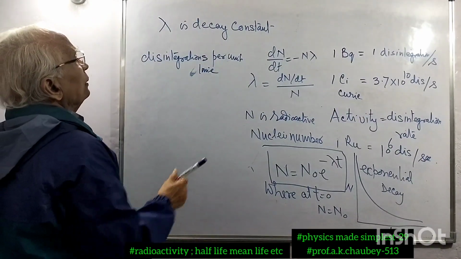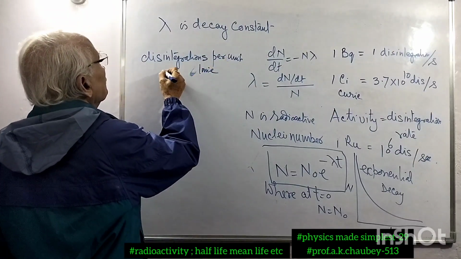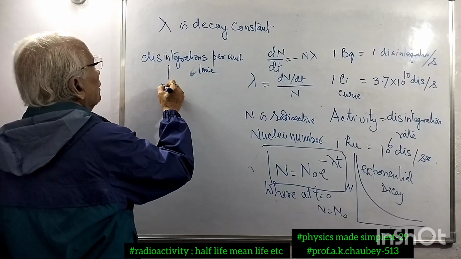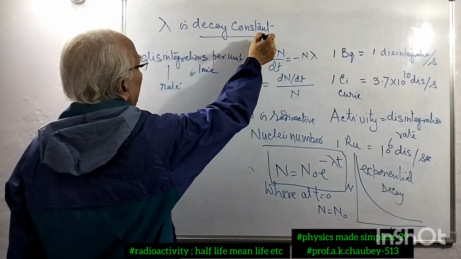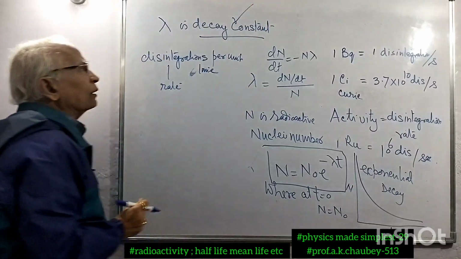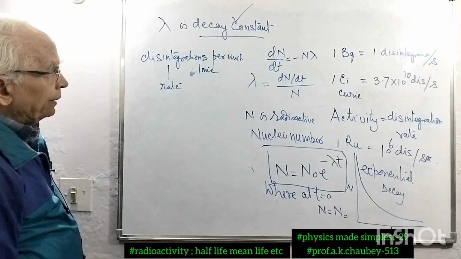Decay constant, disintegration rate, you can say. Actually, the more proper name is decay constant. Lambda is decay per unit time.